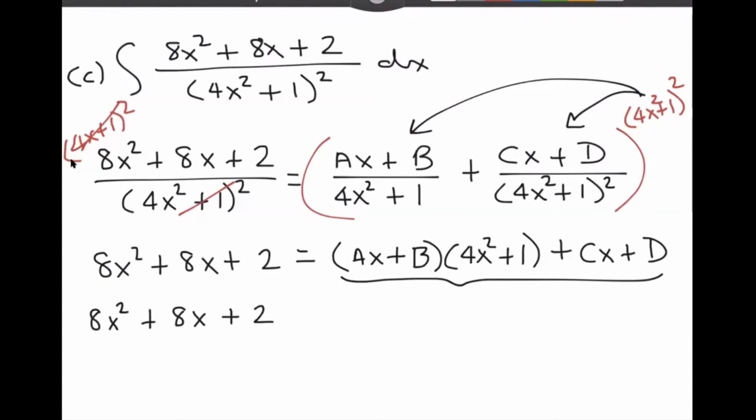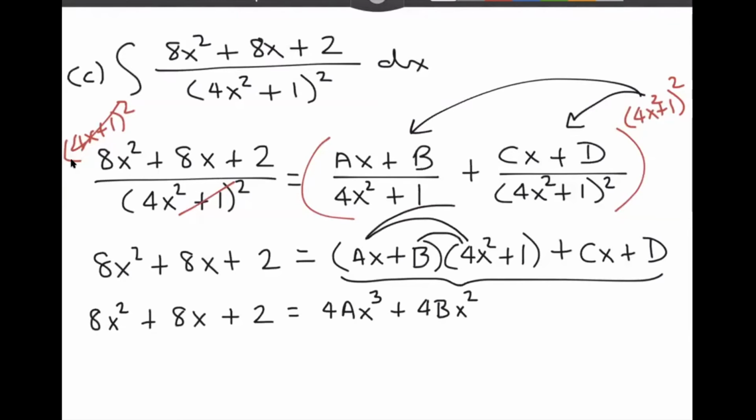So let's see. 4x² times ax is going to be 4ax³, and that's going to be the only cube term in this whole thing. Then we have a 4bx², and I believe that's going to be the only x² term.